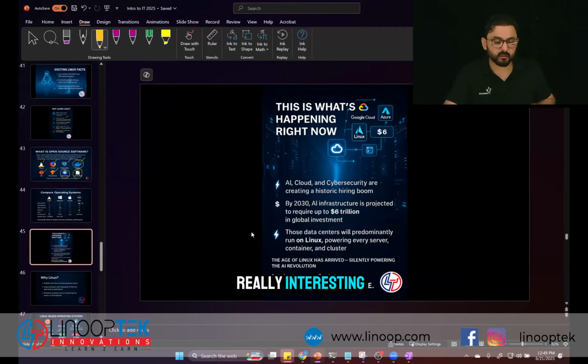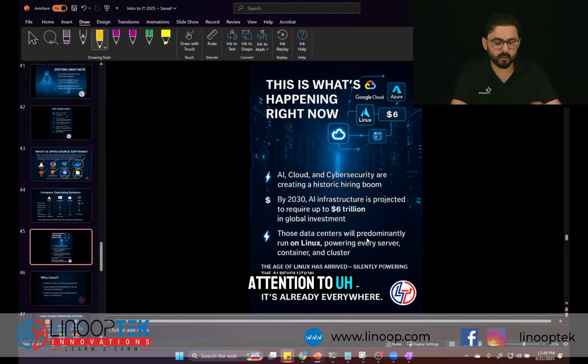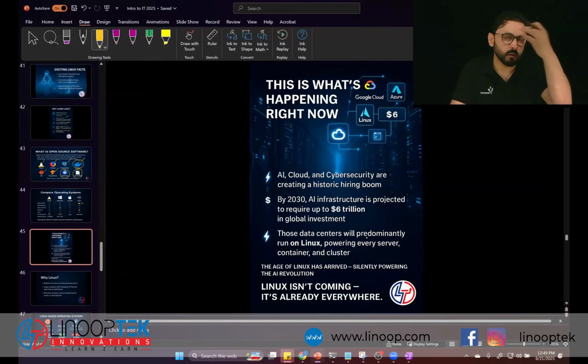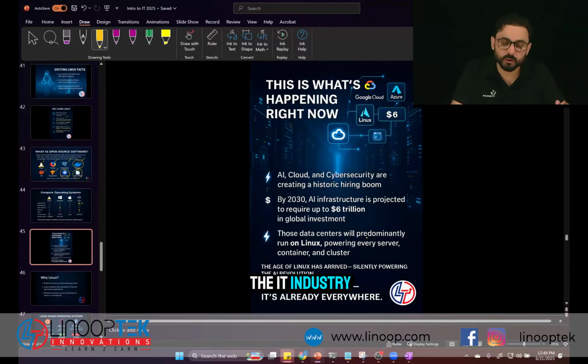What's really interesting, I bring your attention to AI, cloud, and cybersecurity. They are now basically the darling of the IT industry. They are becoming the backbone of the IT industry. And so most of, like I said, AI, cloud, and cybersecurity, they all run on top of the Linux operating system.